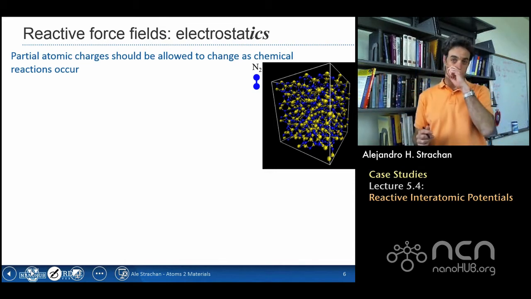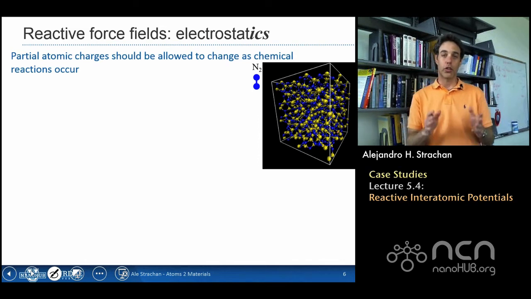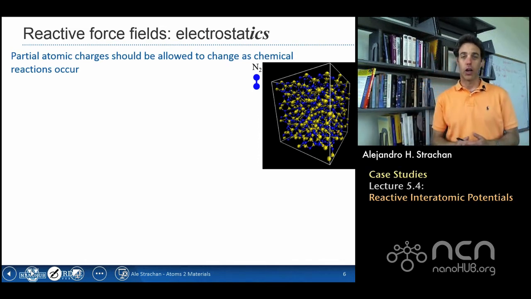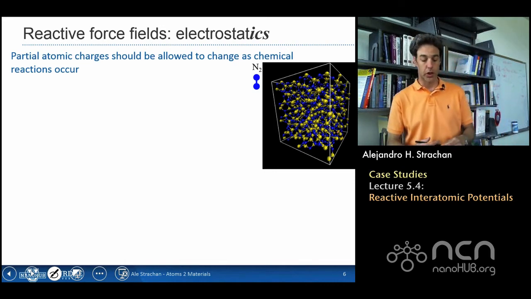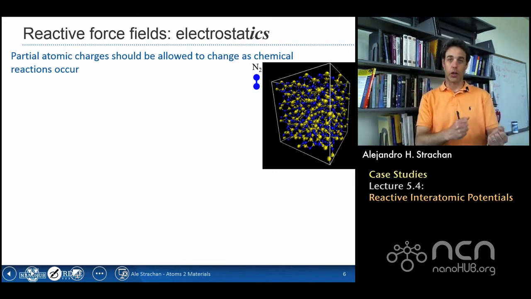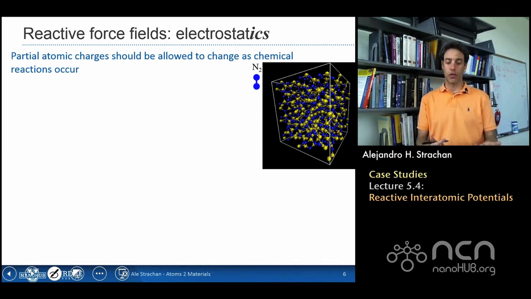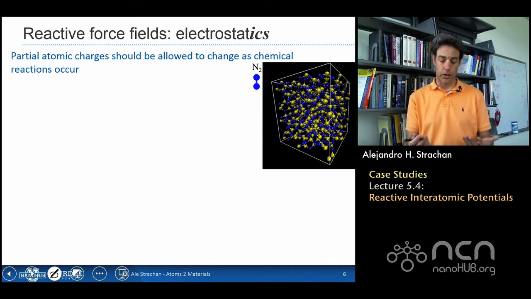In the case of electrostatics, of course, the charges on the atoms cannot be fixed as we have assumed they were before, okay? Every time I have a chemical reaction, I need to allow for the electrons to be transferred.